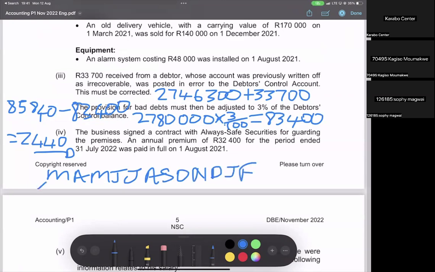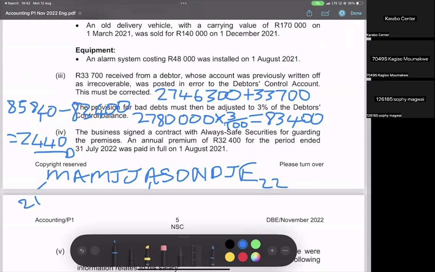So it's still 2021 here, 2022 here. The adjustment said it was paid in full from 1 August 2021 to 31 July 2022.